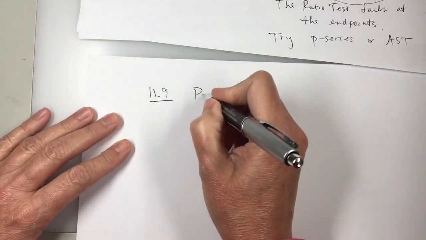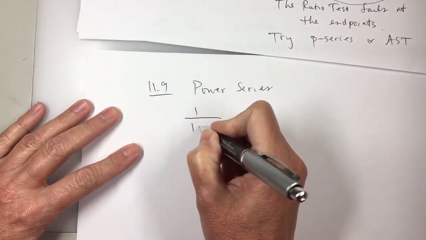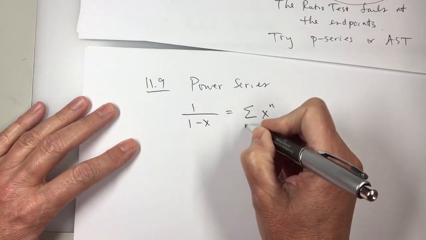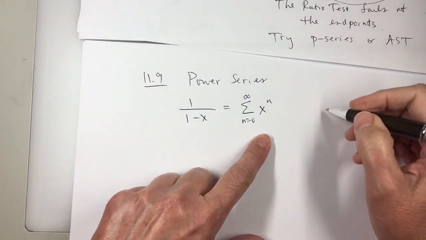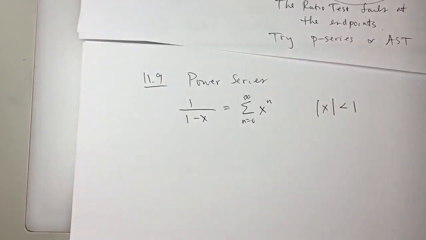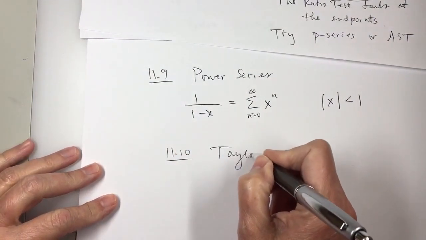11.9, more power series. So we're using this power series, n goes from 0 to infinity. When does this converge? Absolute value of x is less than 1. I called that the foundation. It is the basis of every problem. I think they worked in 11.9. 11.10, Taylor series.